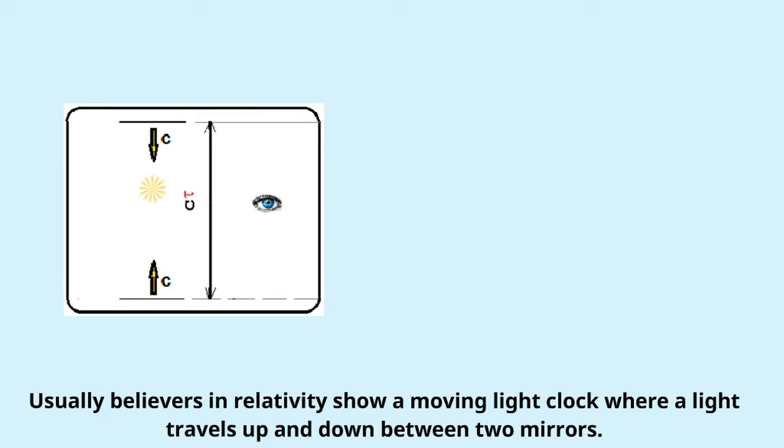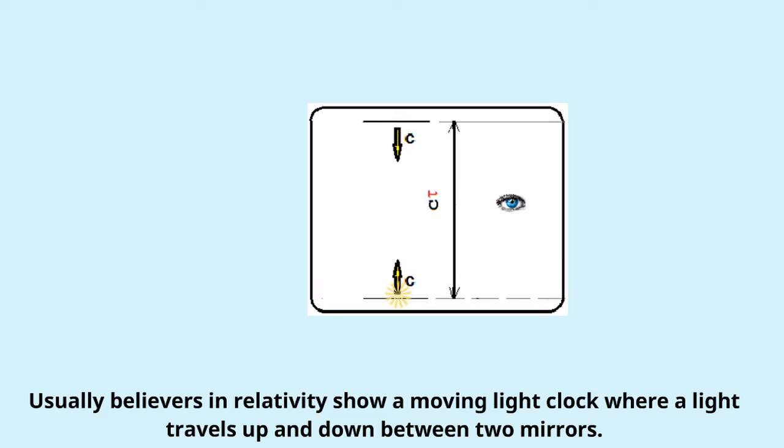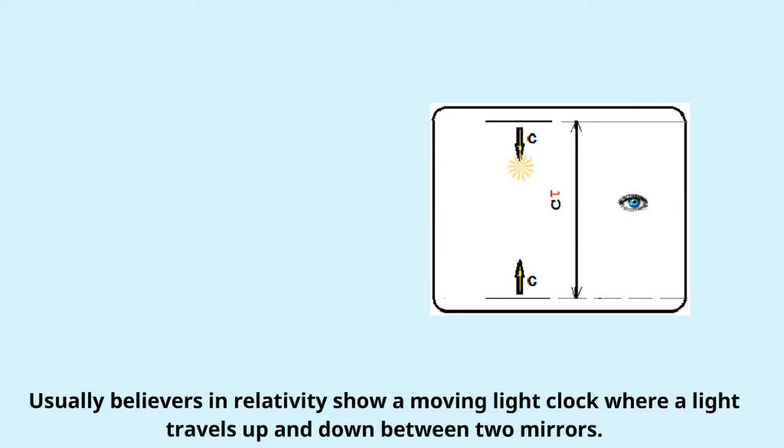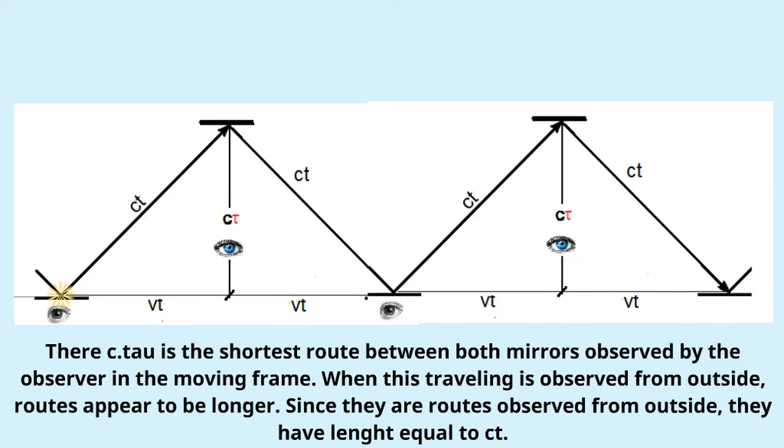Usually believers in relativity show a moving light clock where light travels up and down between two mirrors. There is C tau, the shortest route between both mirrors, observed by the observer in the moving frame. When this traveling is observed from outside, routes appear longer. Since they are routes observed from outside, they have length equal to Ct.